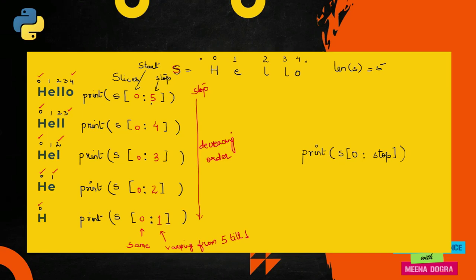Fine. And stop in the first slice, its value is same as the length of the string. Fine. So I'll write the range for it first. So what should I write over here, children? Range. And I told you this loop will work for any letter, any length string. So my range will start from length of the string this time. So if it will be a 4-letter string, bacha, like star, the first slice will be 0:4.